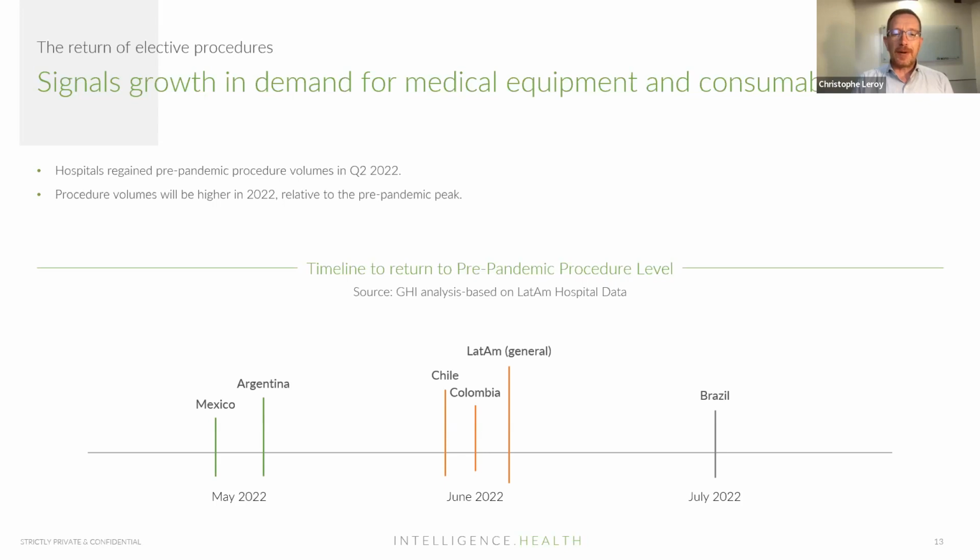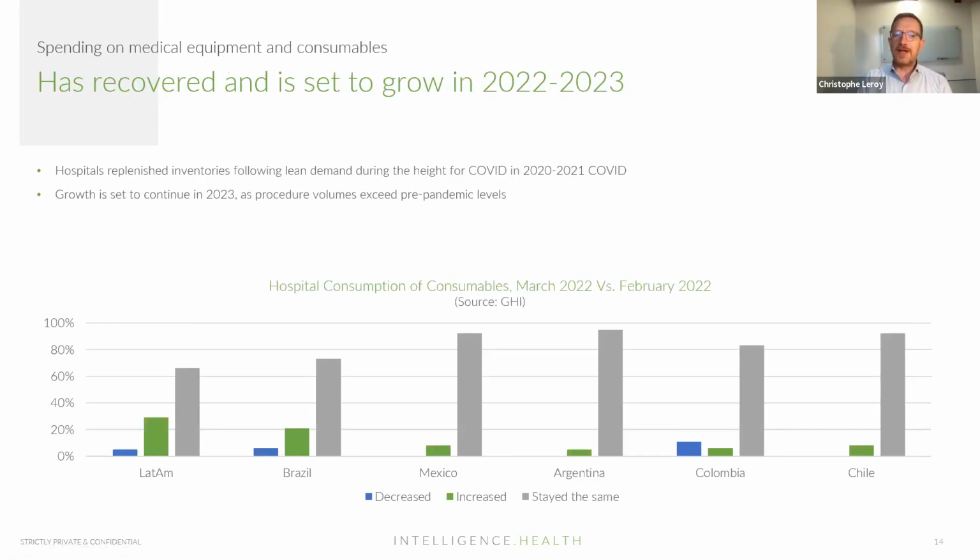So let's talk about what the implications are of this return to growth in the healthcare sector. If we can move to the next slide. As you can imagine, with the growth in procedures, both emergency procedures, which really didn't drop that much during the pandemic, but also the return to growth of elective procedures, obviously we can expect growth in different types of equipment as well as consumables.